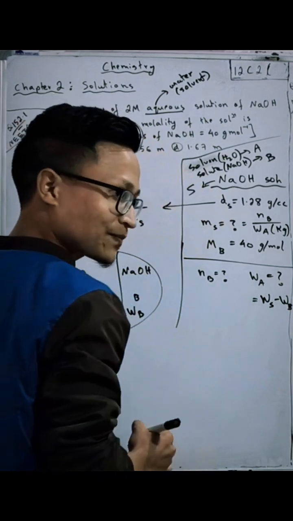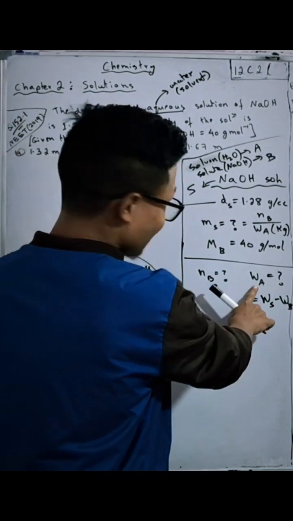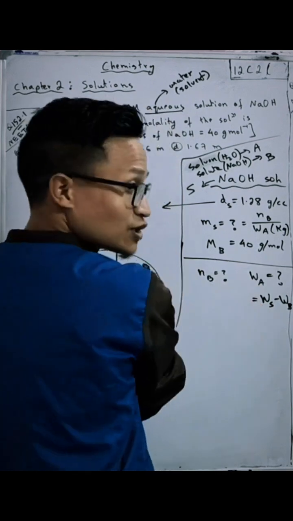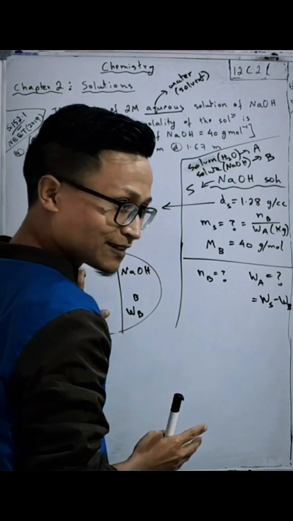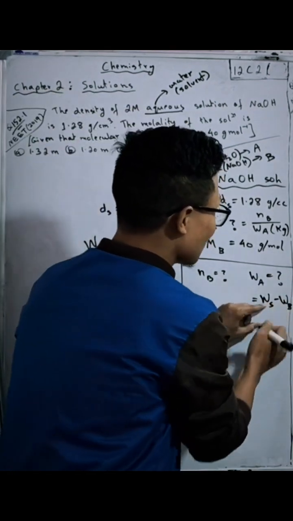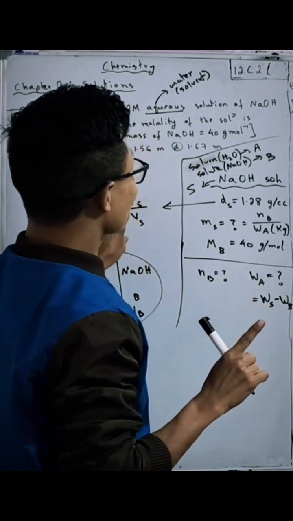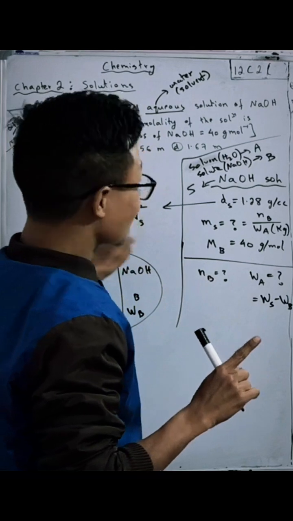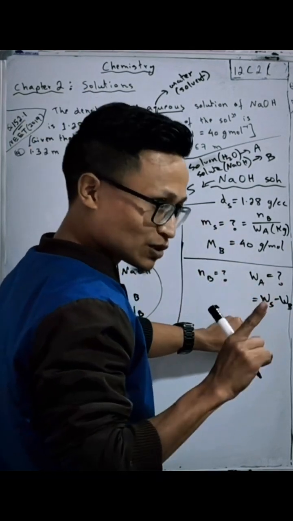Why do we derive this? Because the density of the solution is already given, so we need the mass of the solution, which we can find from here.